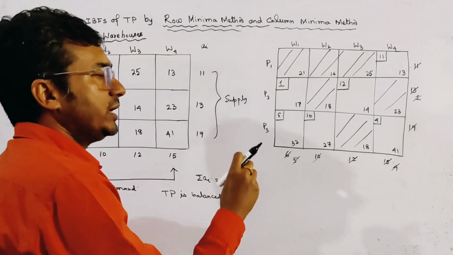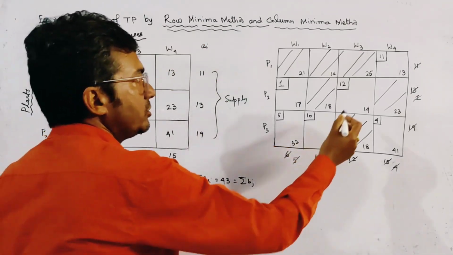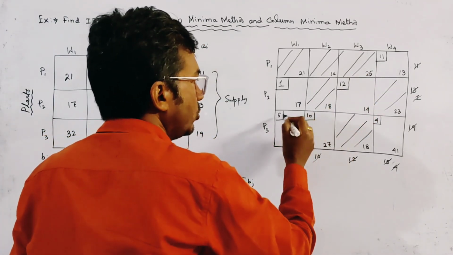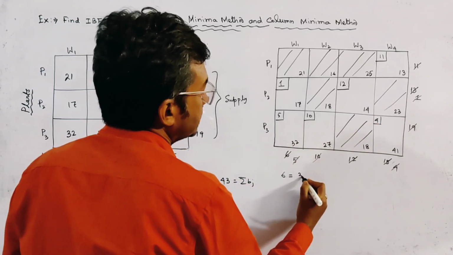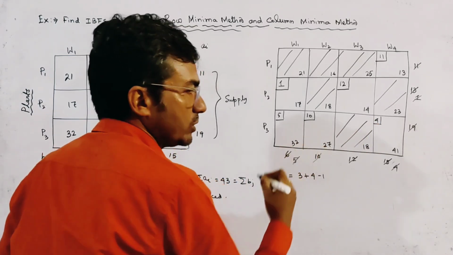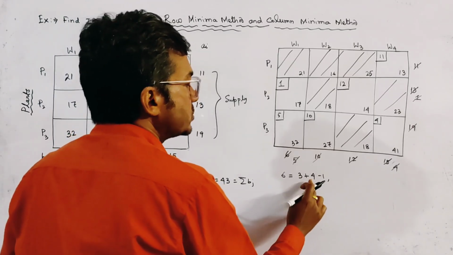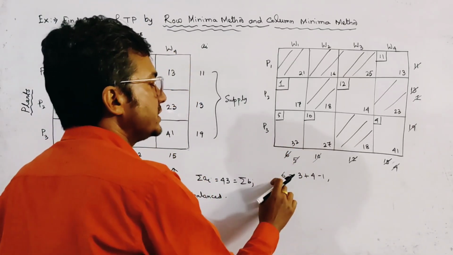Now we have to find the number of allocations. The number of allocations is 1, 2, 3, 4, 5, 6. So we write 6, which is equal to 3 plus 4 minus 1, that is rows plus columns minus 1. This is 6.